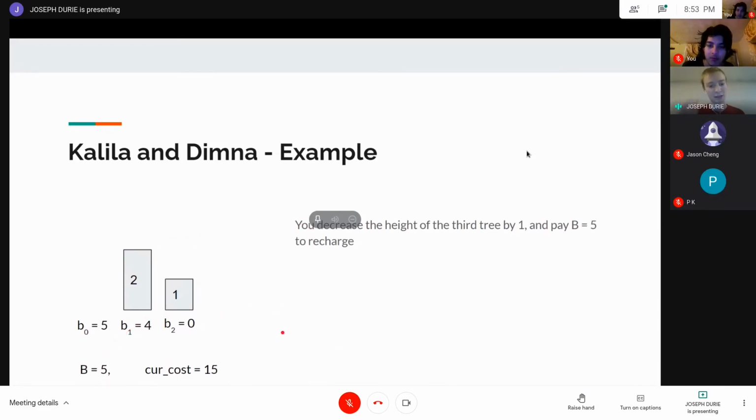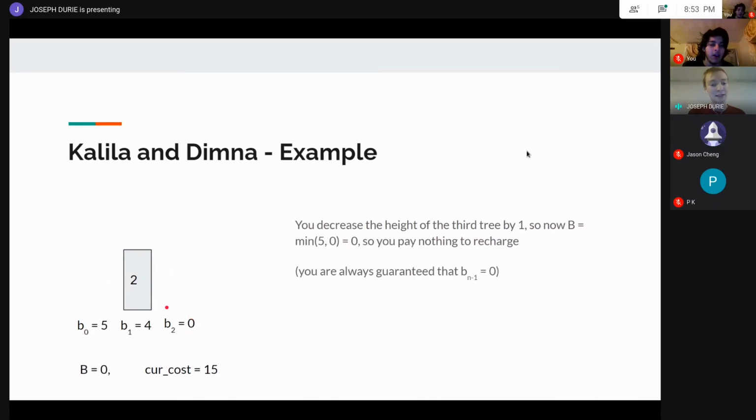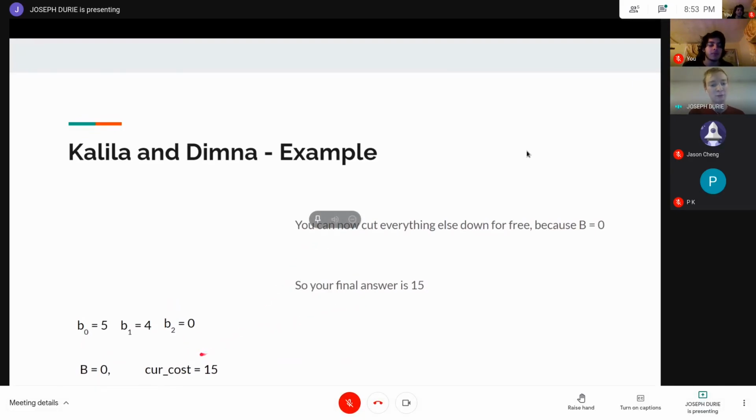So now our current cost is at 15. And now when we cut down tree 3 for a third time, its height is 0. So now B is 0, so we can recharge for free. And you're always guaranteed that the last one is 0, as I've said a couple times. And so now that B is 0, it doesn't matter what we do. We can cut everything down for free. So then our final cost would be 15.